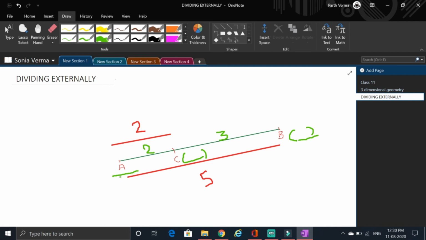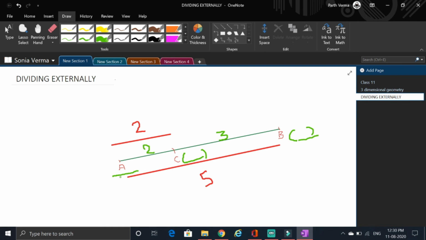Or you may generate the section formula for external division. For internal division it was mx1 plus nx2 over m plus n.